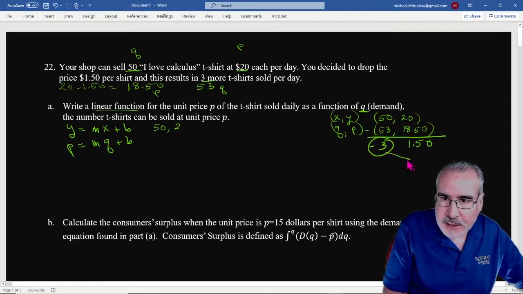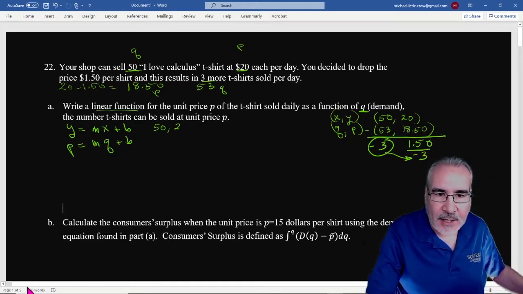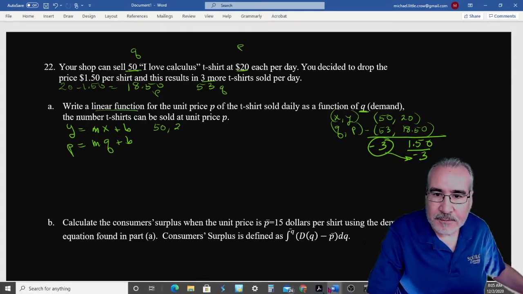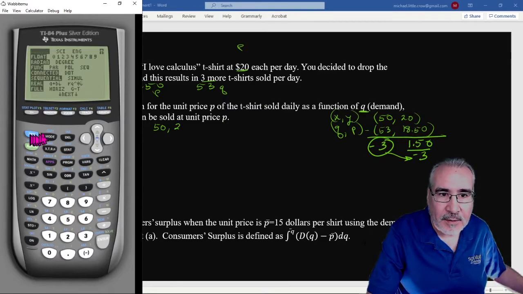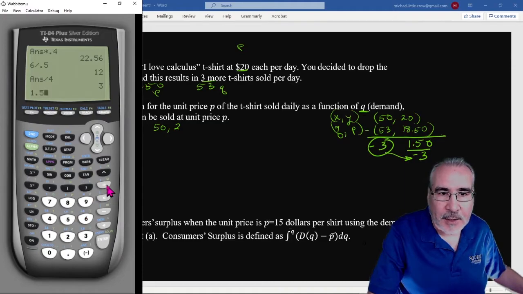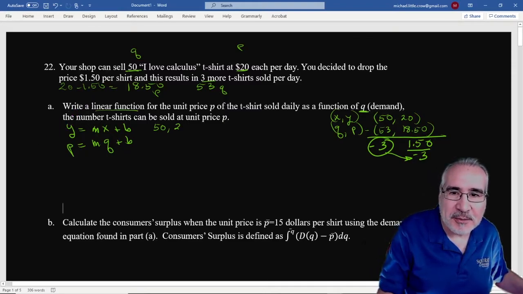I take the input, put it underneath the output, so I get a negative 3. So my slope is 1.5 over negative 3. Let's go ahead and divide by 3. Let's see, that's pretty nice, yeah, it's 1/2. Okay, so now I get so deep into thinking, it should have just popped out.